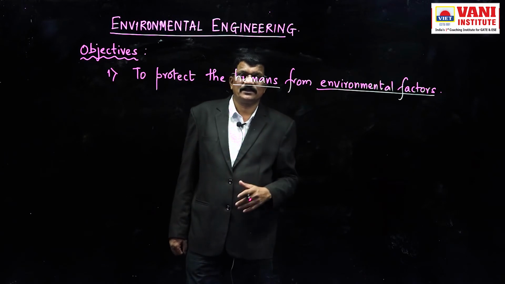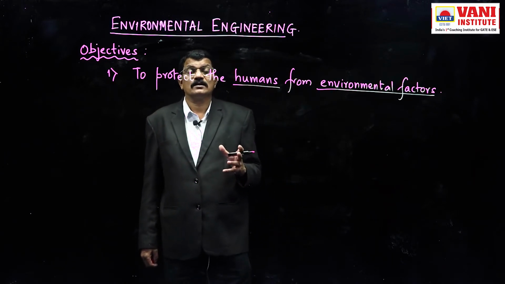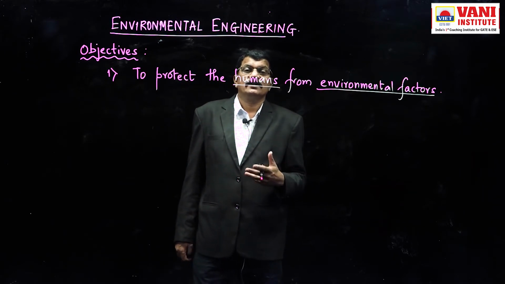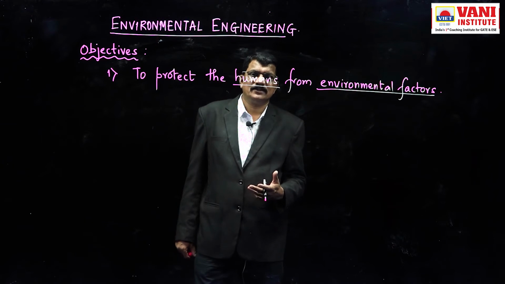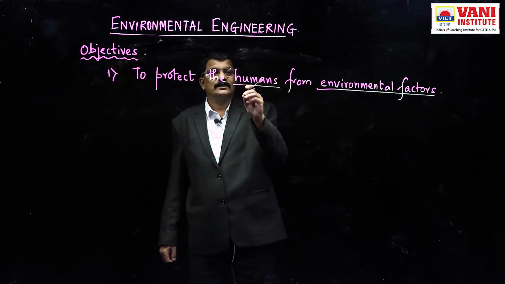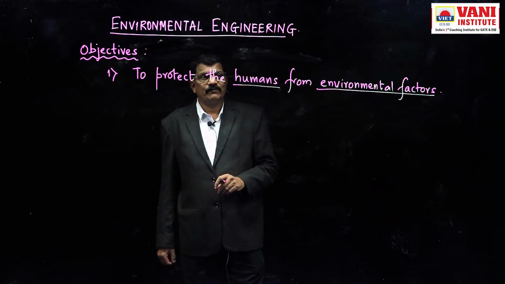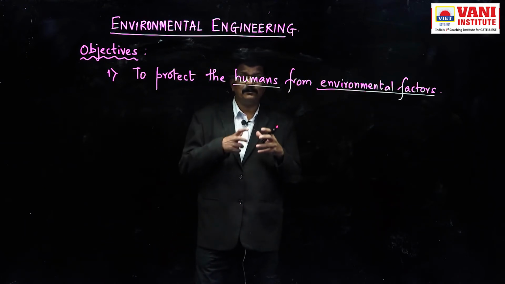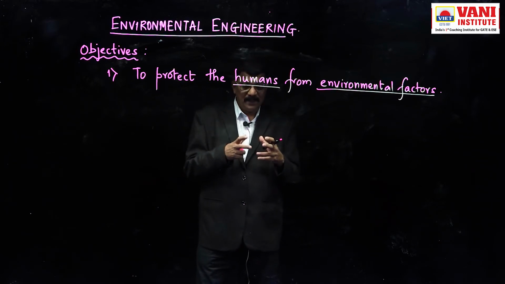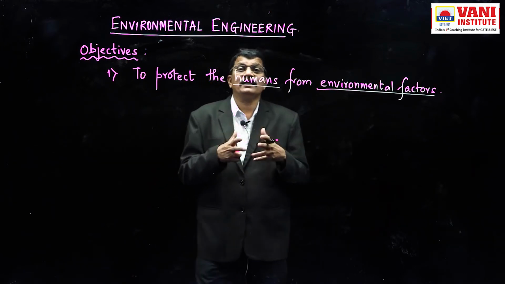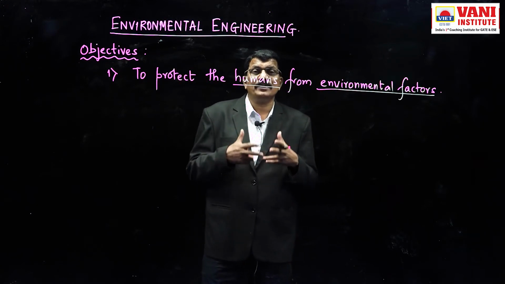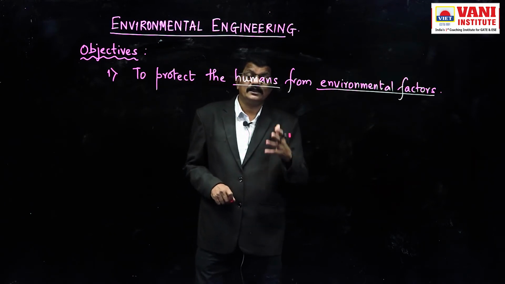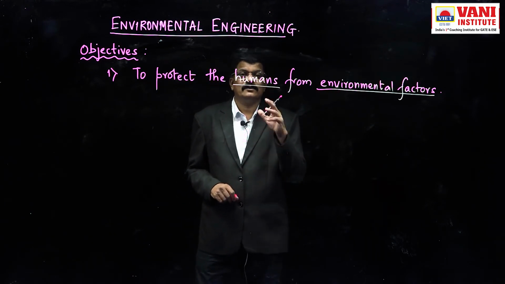And when we say resource, it stands for a material which provides energy to the humans. That is called a resource. So the first objective of environmental engineering deals with how to protect humans, or rather how to safeguard human life from the various environmental agencies or factors which tend to affect the health of humans.